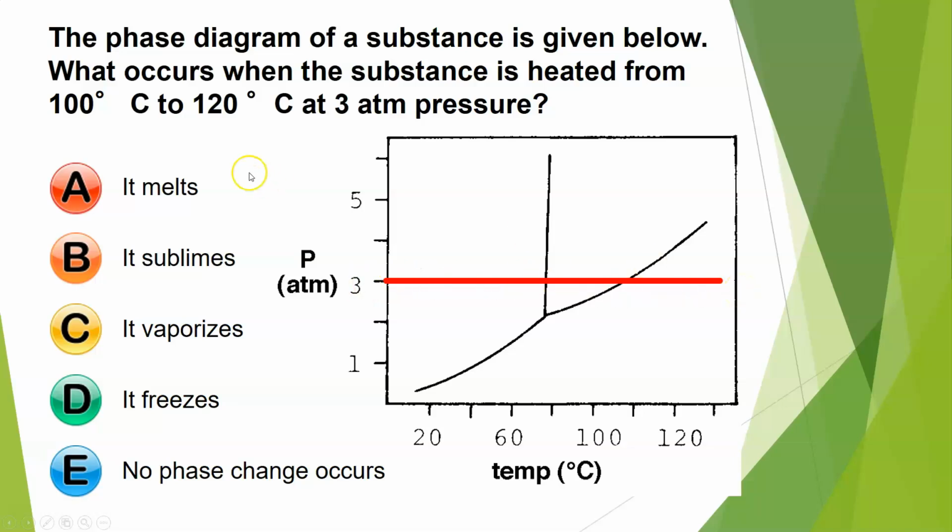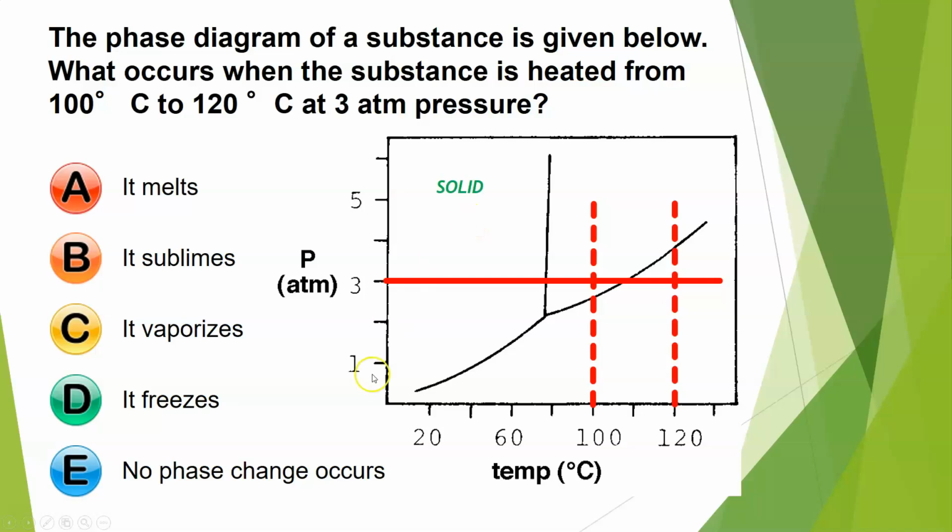Then I'm going to look for my starting and ending temps. Okay, I'm at 100 degrees. And I'm trying to get to 120. So now I can look and I can say, okay, on this line, I'm going from here into this region. I'm crossing from this place, this region, to here.